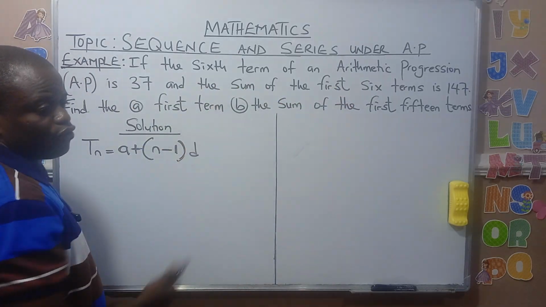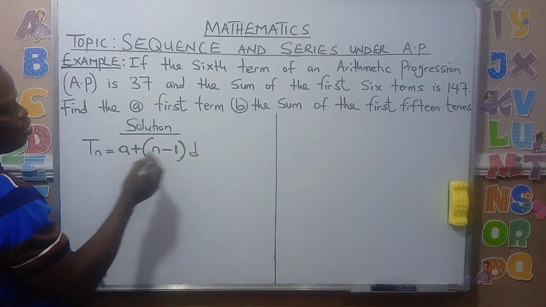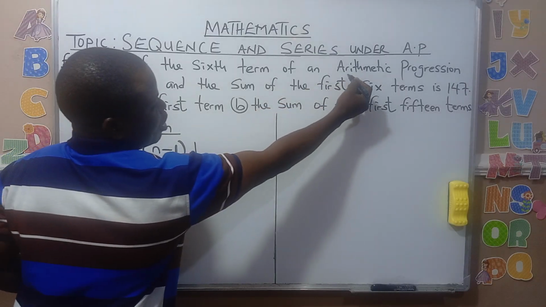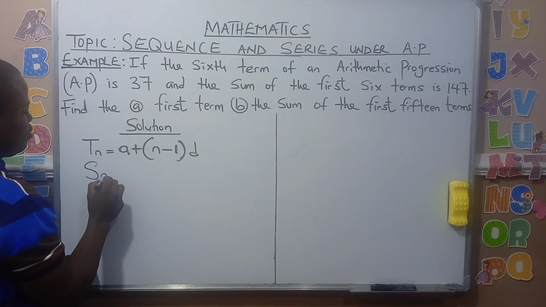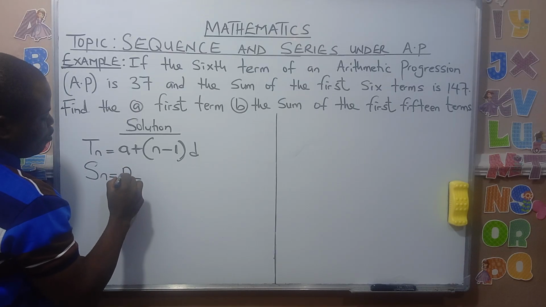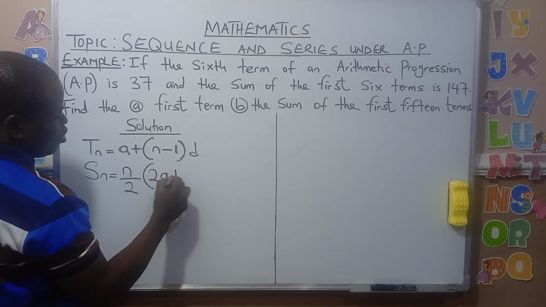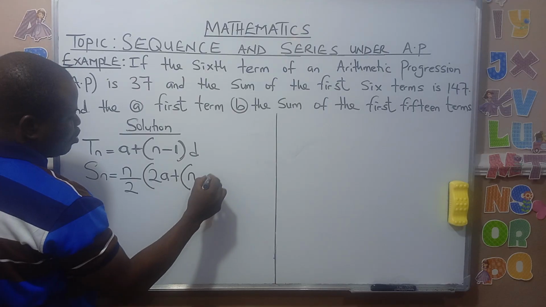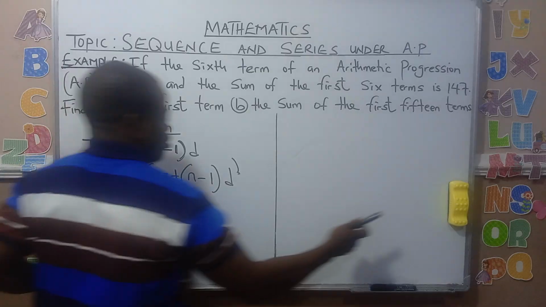We are going to make use of the formula for the sum. Now, what is the formula for the sum under AP? Don't forget that we are making use of the AP formula. S subscript n equals n over 2 open bracket 2a plus n minus 1 close the bracket d close the brackets.